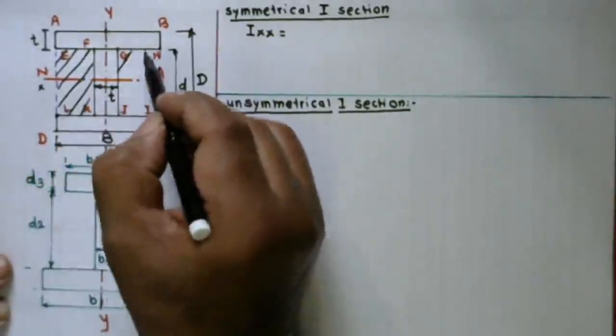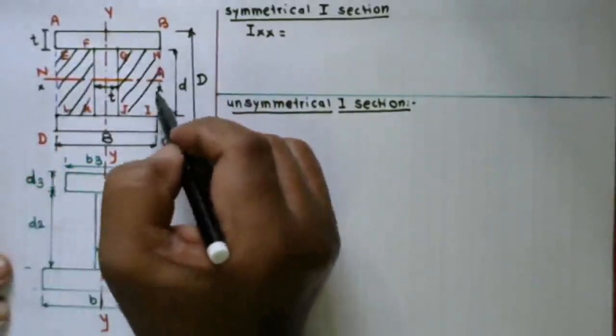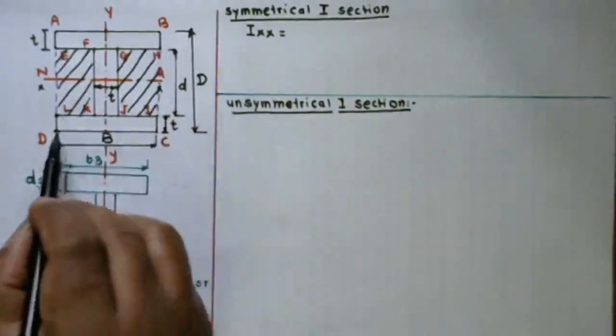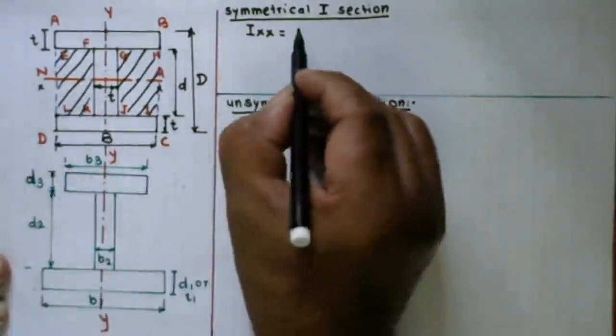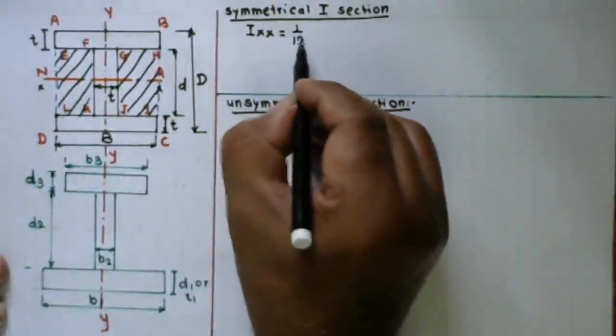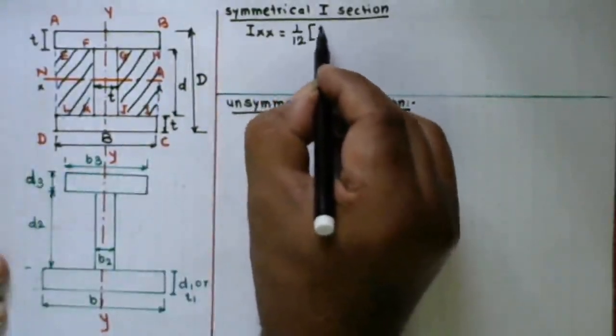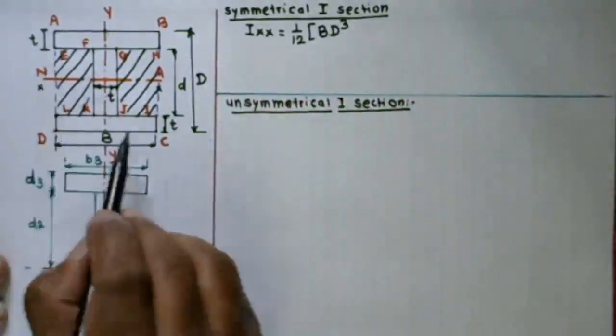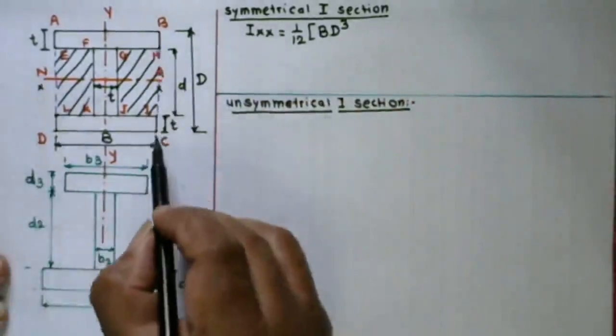In that case it is applicable to hollow rectangular sections. The moment of inertia for the whole rectangle A, B, C, D is 1 by 12 capital B D cube, where B is the width and D is its depth.